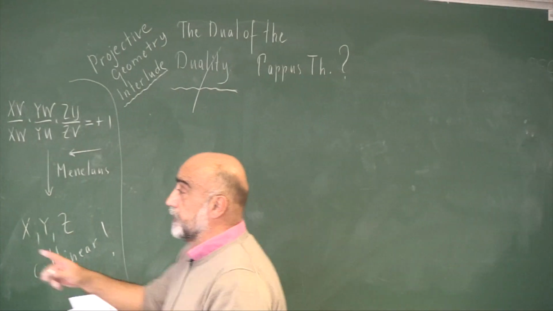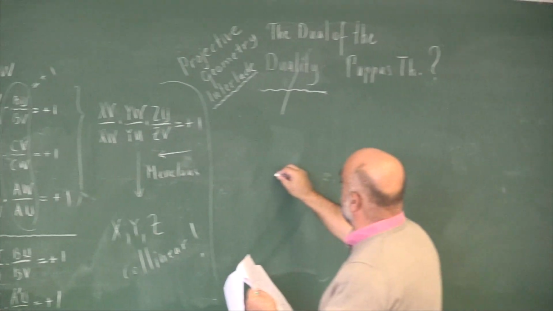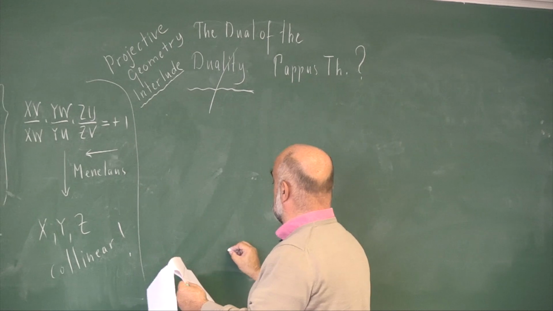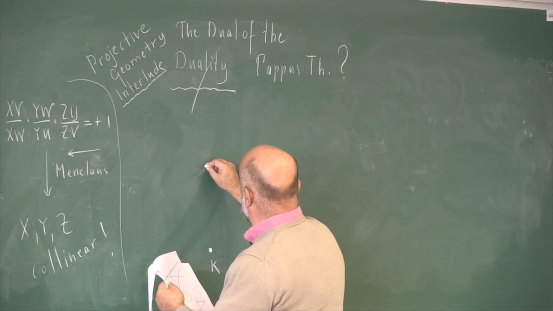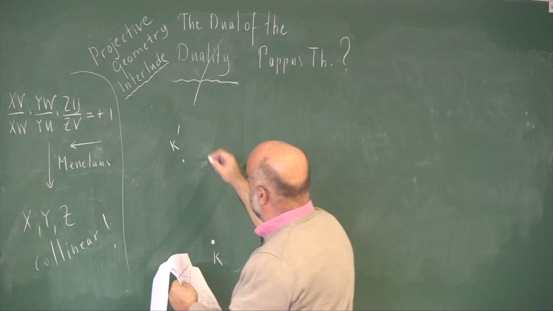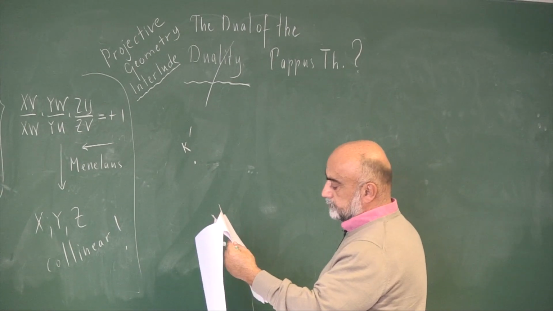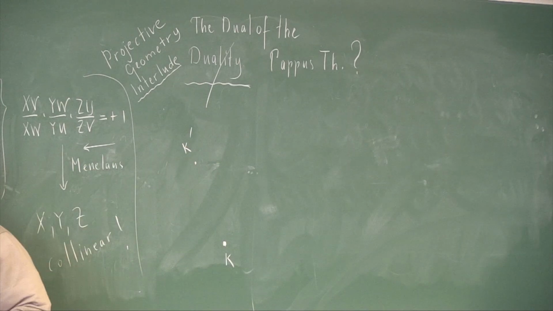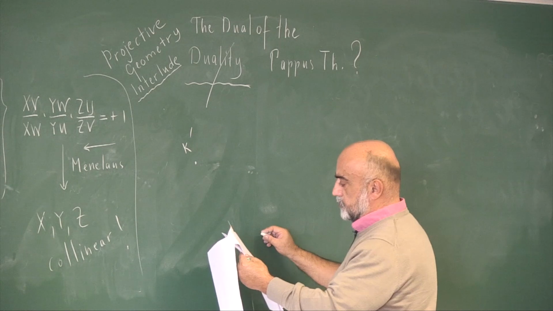Instead of line k prime, you've got 2 points, let's say k prime. Instead of points A, B, C on the line k, you've got 3 lines here, so let me draw them.